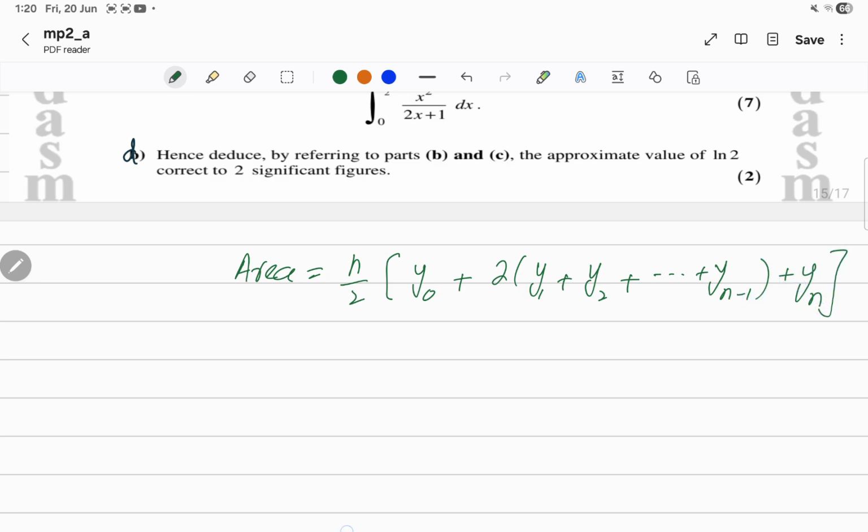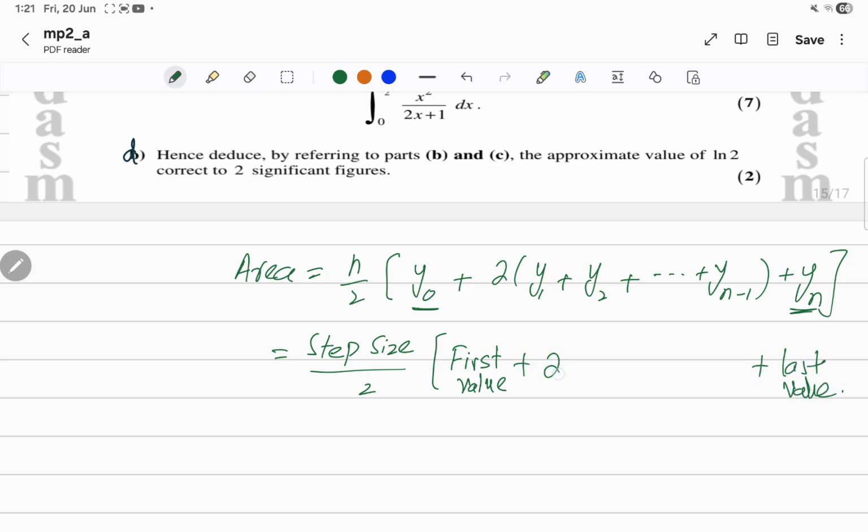So in simple words we can say the h is the step size, or the width of each trapezium, divided by 2, times the first value, which is y naught, and the last value, and in the middle 2 times the rest of the values.